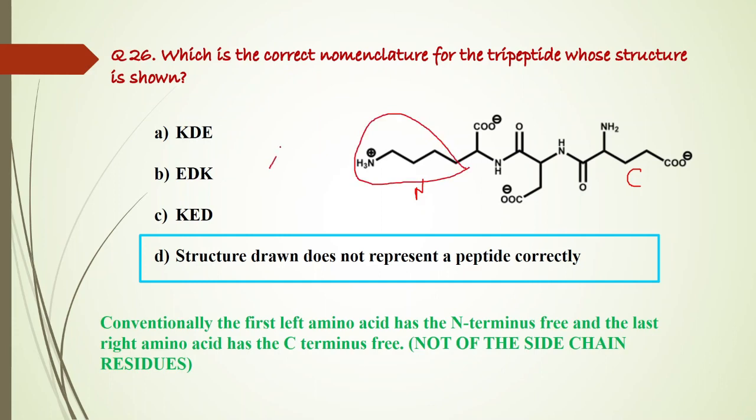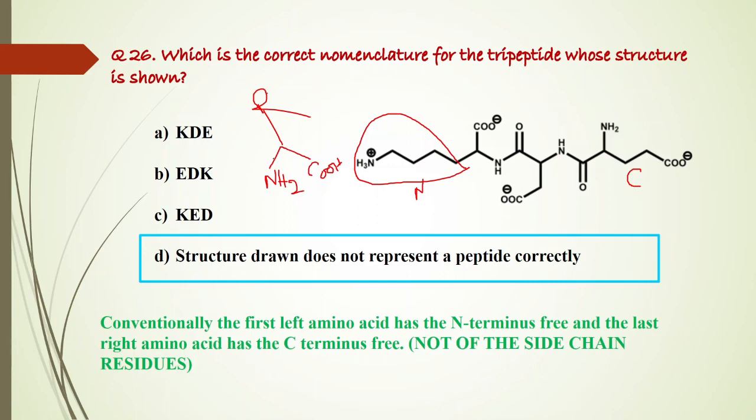So the amino acid structure is basically like this. You have NH2 or NH3 plus, whatever you can write, one end is COOH, and here remains your R group. So for lysine, basically for K, this particular thing is your R group. The peptide bonds that are formed between the residues are not linkages formed by the R groups.